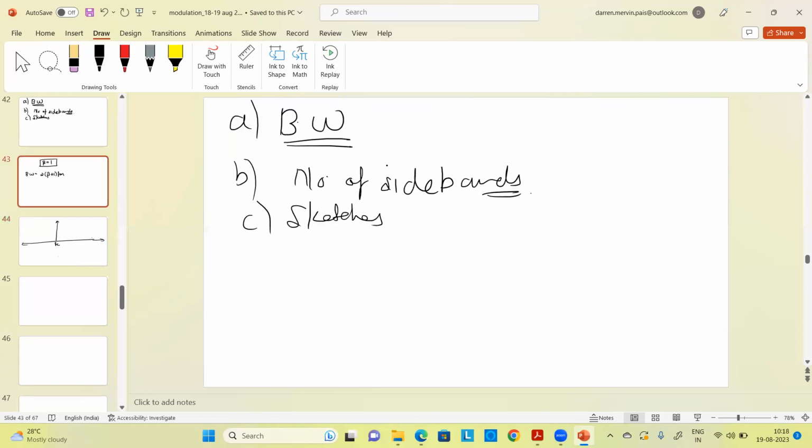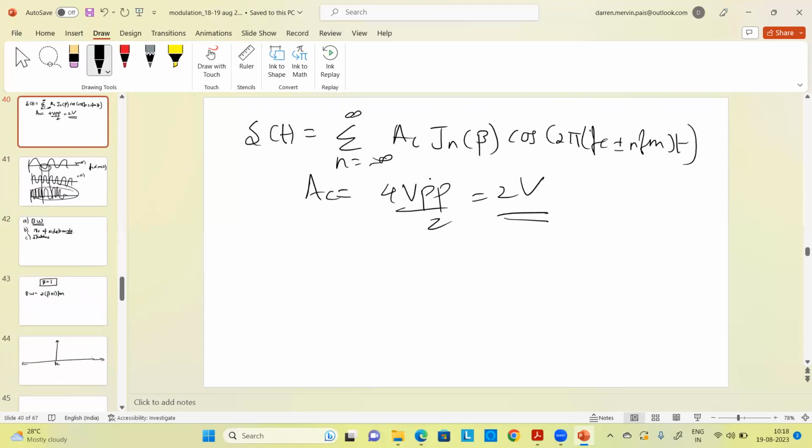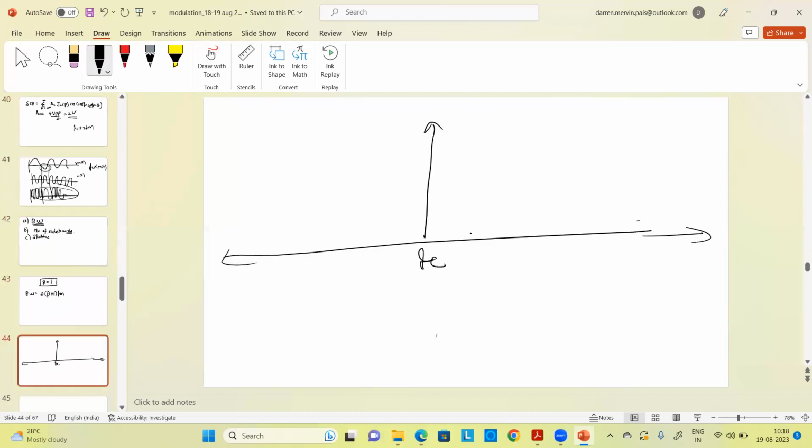The number is 2, so that is fc plus or minus 2 fm, right? So what will we draw? fc plus fm, fc plus 2 fm, fc minus fm, fc minus 2 fm.